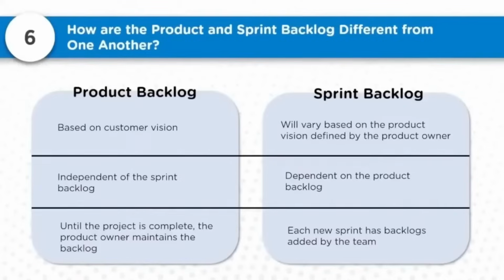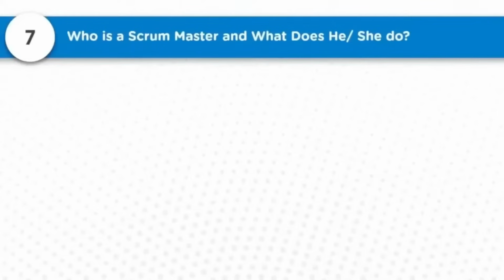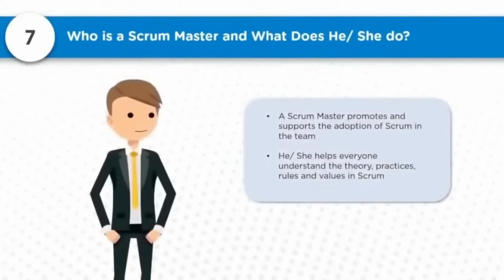The product backlog is maintained by the product owner until the project is complete. Whereas when it comes to the sprint backlog, for each new sprint, backlogs are added by the team as each sprint is initiated.